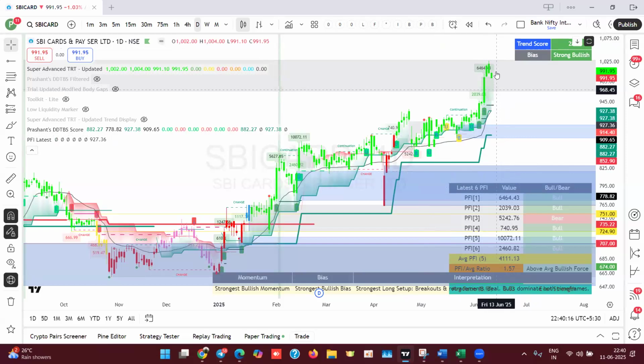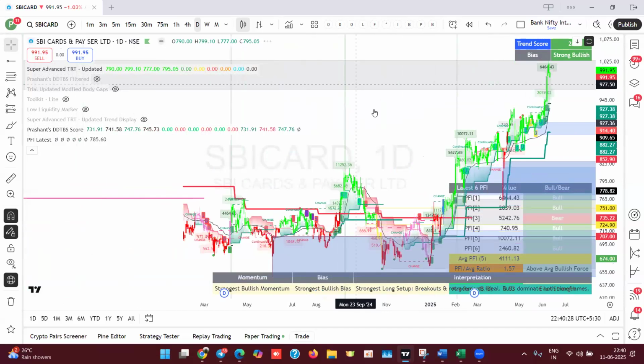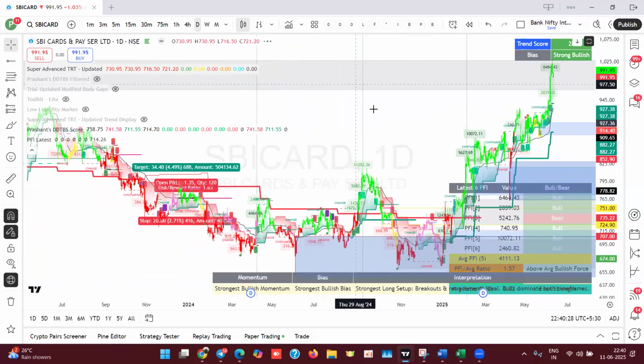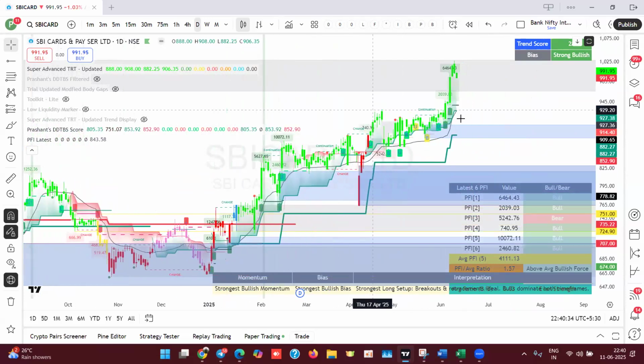So SBI Cards, if you see, it is still bullish. If you are holding and you want to book profit, partial profit booking can be done because it is in this area, which is a starting area from the past. It was a virgin area, so it's a good area for booking some partial profits, but it may continue going higher and higher.